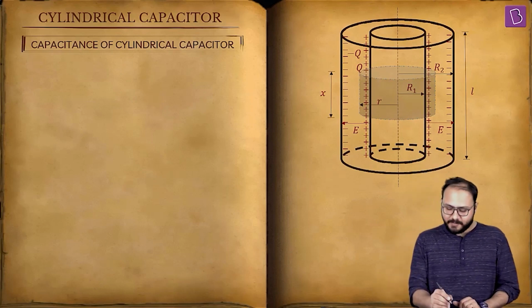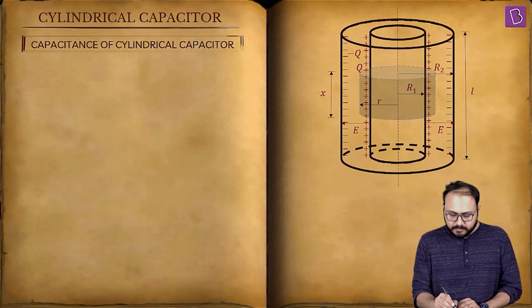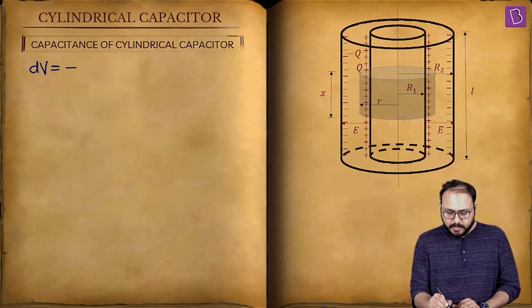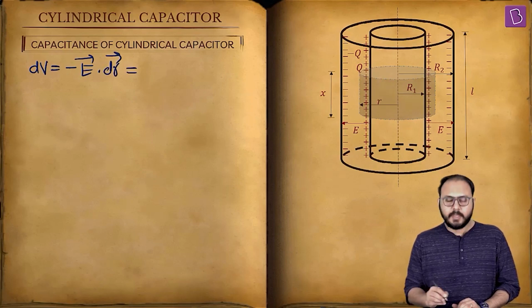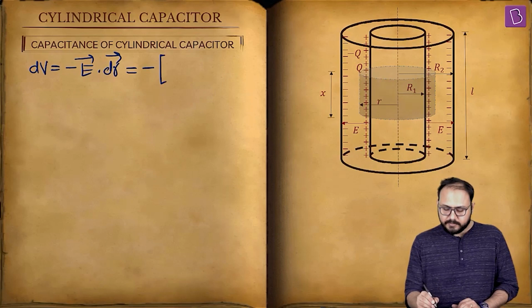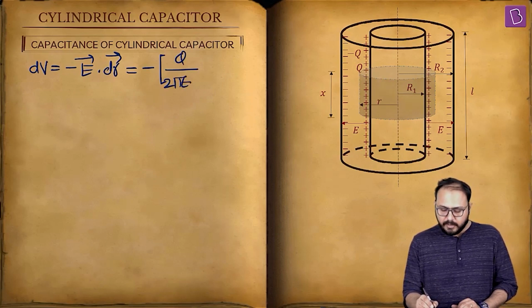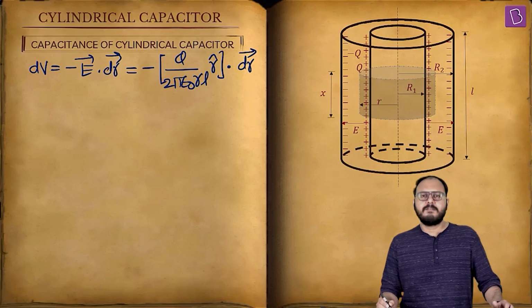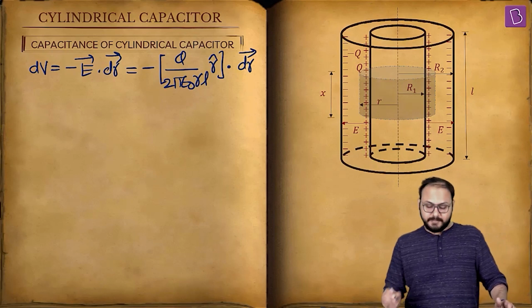Got it? Okay. So dV is minus E dot dr. Minus as it is, Q upon 2 pi epsilon naught r L r cap, dot dr vector. Any doubt?